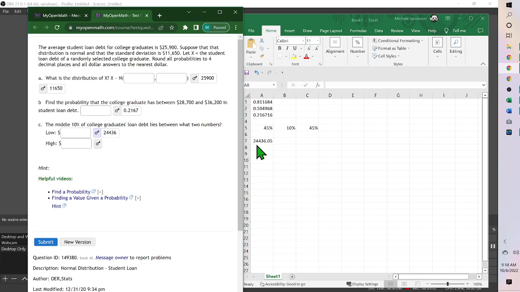So 24,436 is right here. The lower part of the 10%. Now the upper part, notice where my arrow is, there's 45 and 10, so 55%.